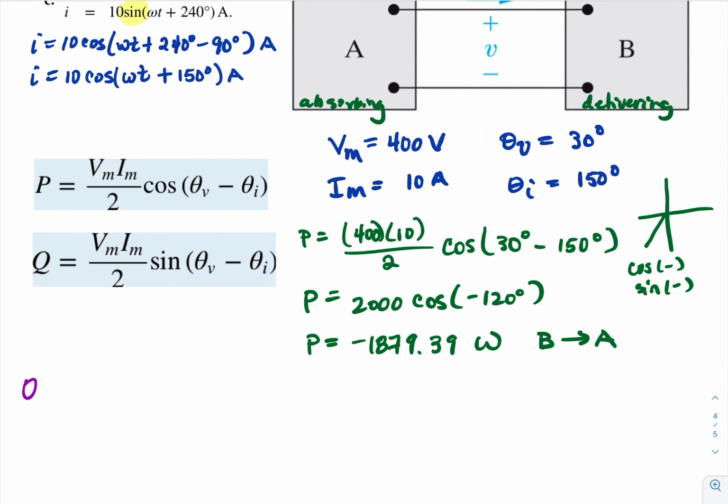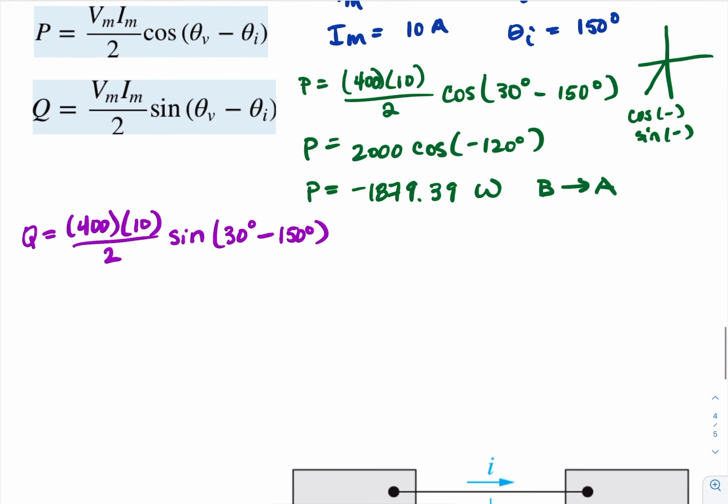reactive power. So Q is equal to V sub m, which is 400, times I sub m, which is 10, divided by 2, times sine of theta sub v, which is 30 degrees, minus theta sub I, which is 150 degrees. And Q is equal to 2000 sine of minus 120 degrees.